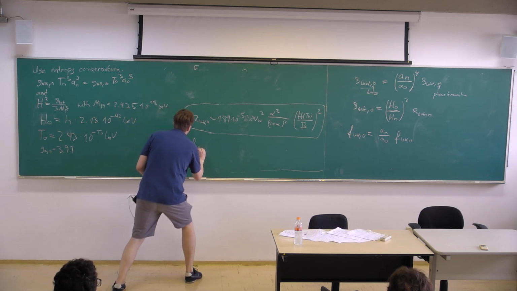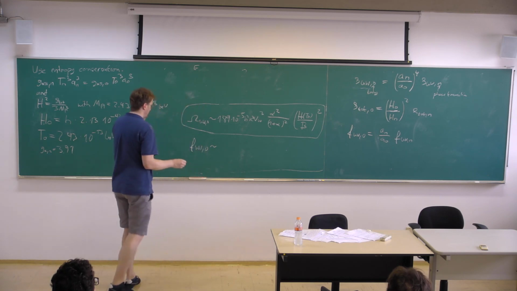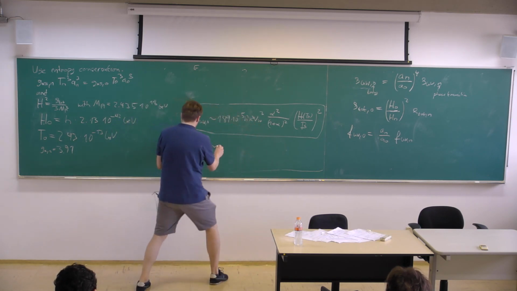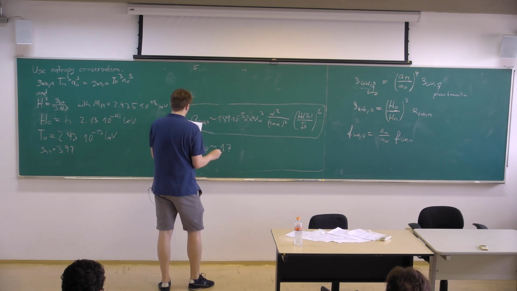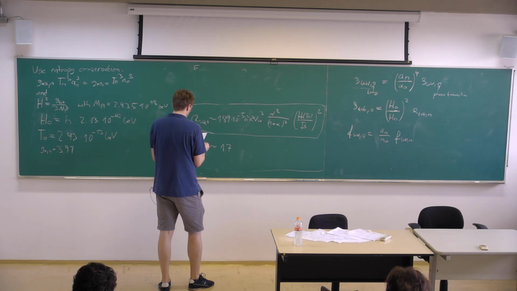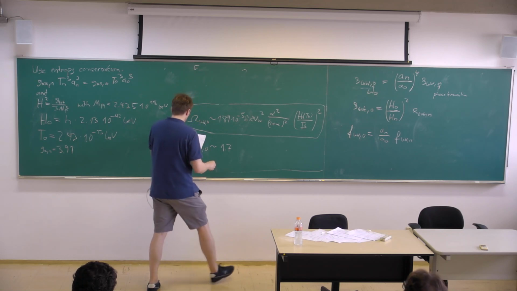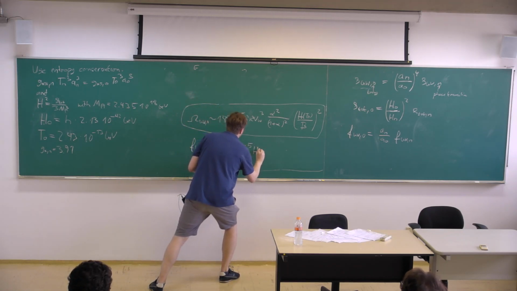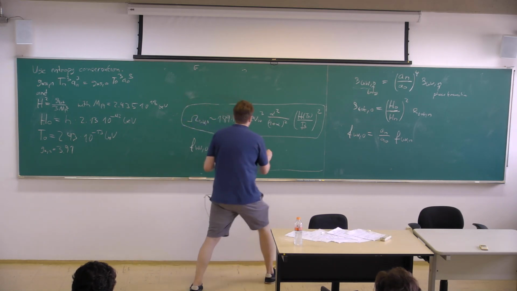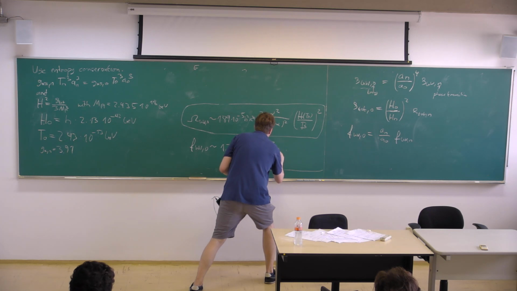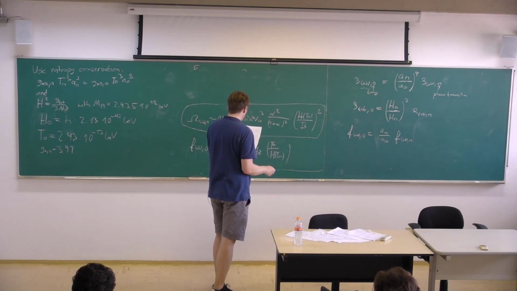Now today, the peak frequency of gravitational waves is also 1.7 times 10 to the minus 5 hertz times beta over H at the end.